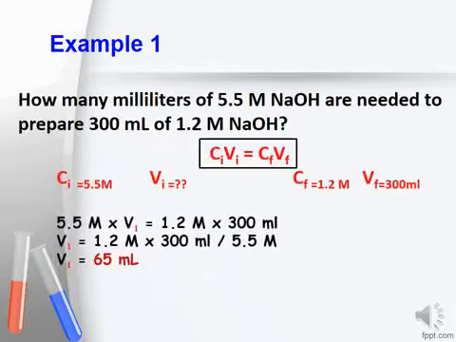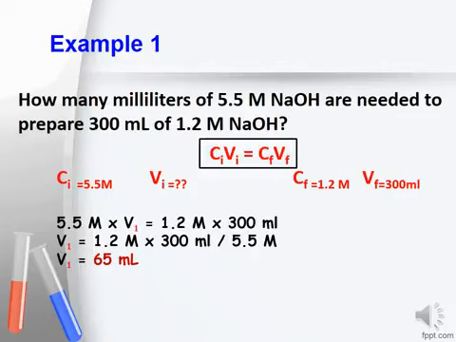We have an example. How many liters of 5.5 molar sodium hydroxide are needed to prepare 300 milliliters of 1.2 molar sodium hydroxide? Before I answer, I have to know which is the stock or initial and which is the final or diluted one.